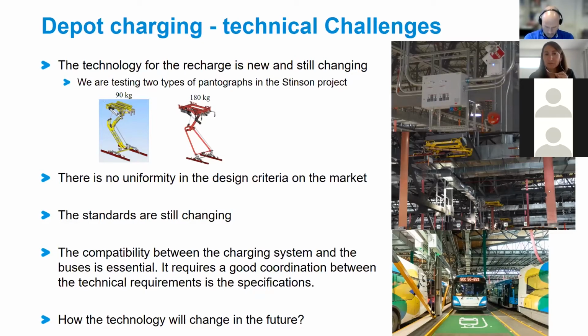We also see that there's no uniformity in the design criteria on the market now. The standards are still changing. So it's not always easy to take a good decision for the future when everything is still changing. Another very important point is that the compatibility between the charging system and the buses is essential, so it requires good coordination between those two.